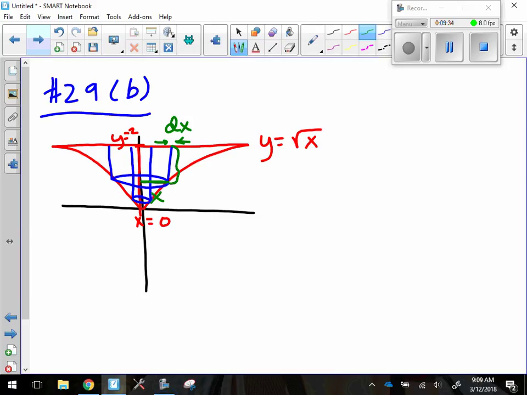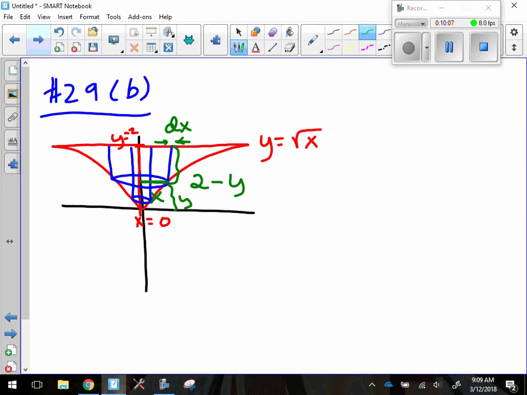That's going to be my shell height. What's that going to be? My shell height. Well, let's start with 2 minus y, okay, because this distance here would be the y coordinate of that point that I'm looking at.